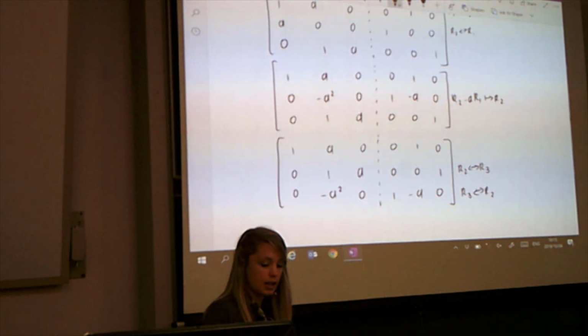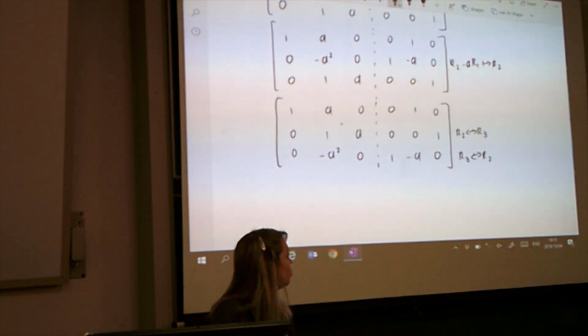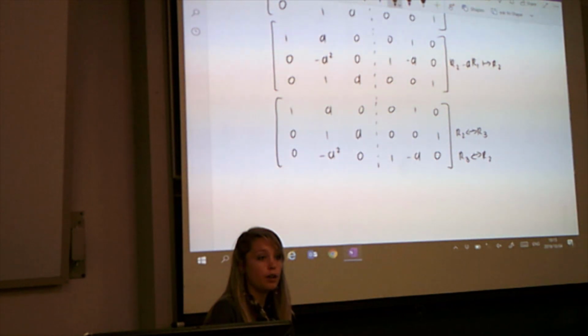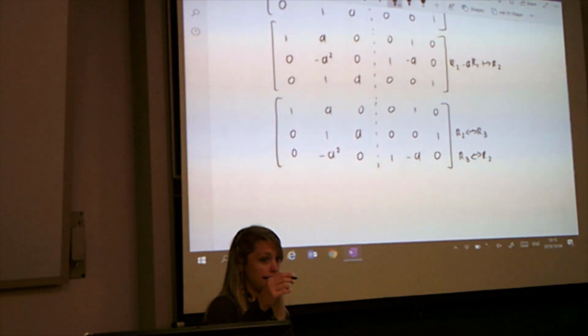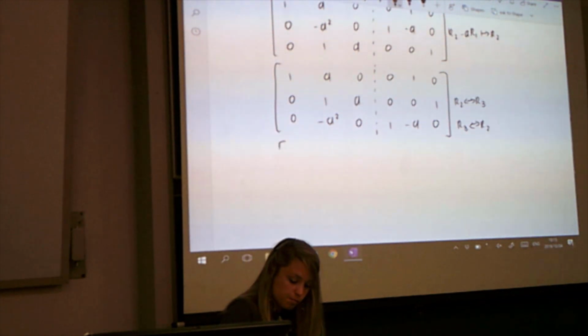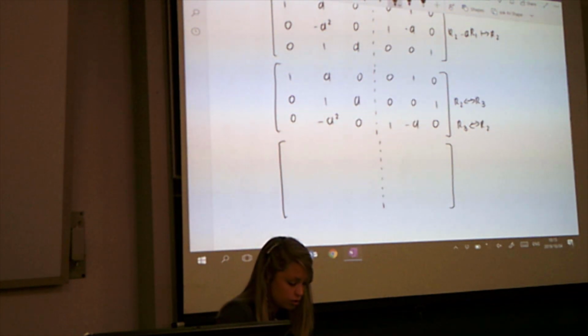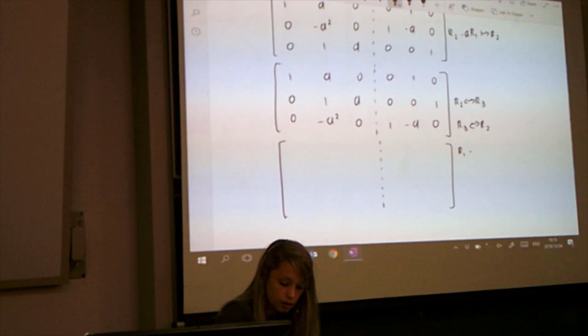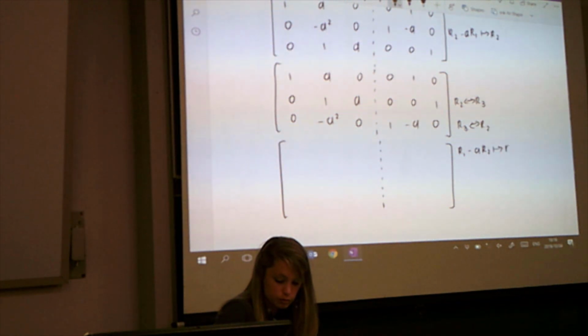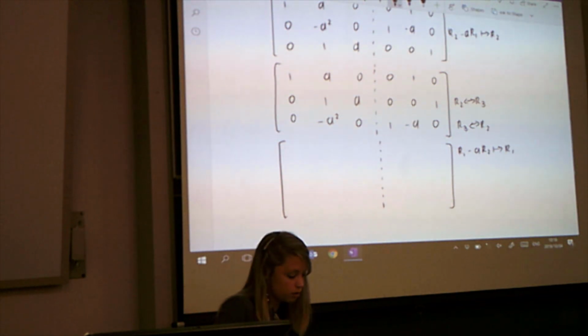Now I have my second leading one, so I want all zeros below and above it. So I'm going to say row 1 minus A times row 2 to give me the new row 1. So let's see what we get there.